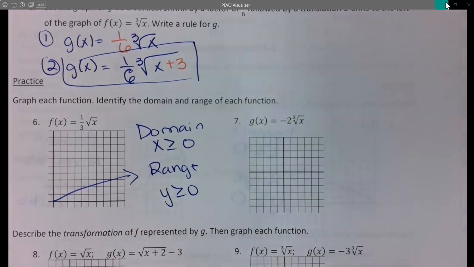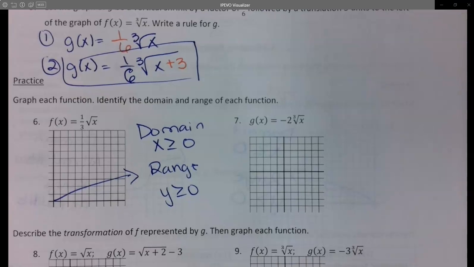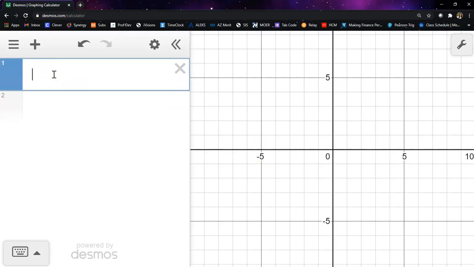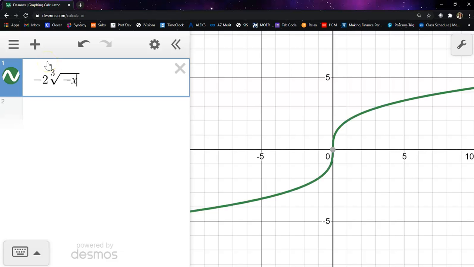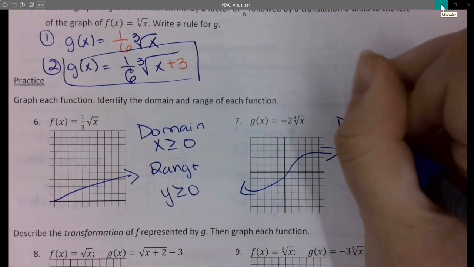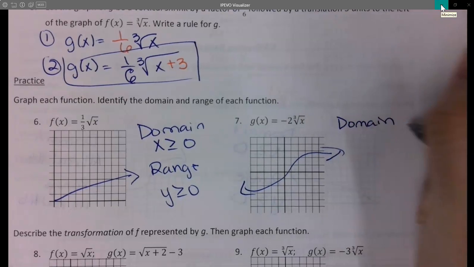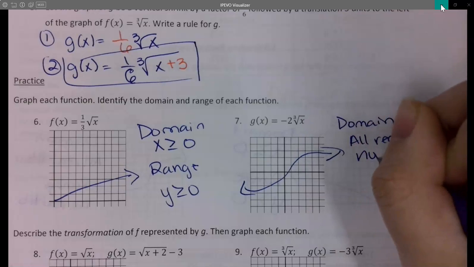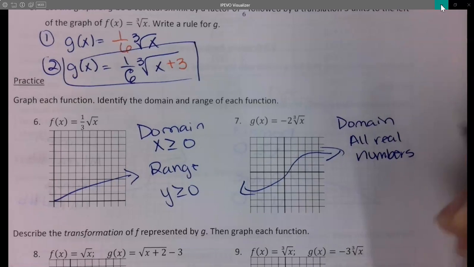And then I want to go ahead and graph number 7. So my domain here, and my range.